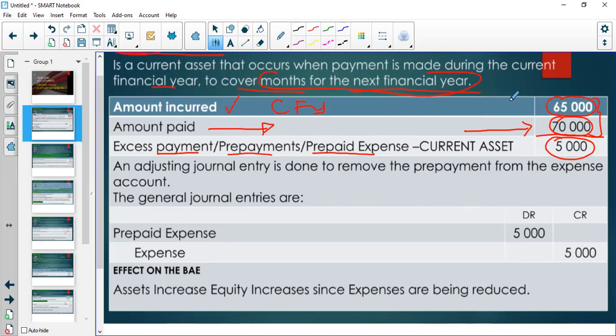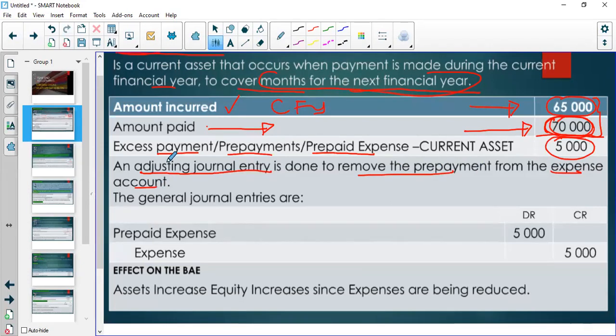It's the 65,000 which we incurred, right? So we have to make an adjustment. We have recorded an expense of 70,000. That's too much. We have to reduce the expense in the accounting records. So we do an adjusting journal entry to remove the excess from the expense account.